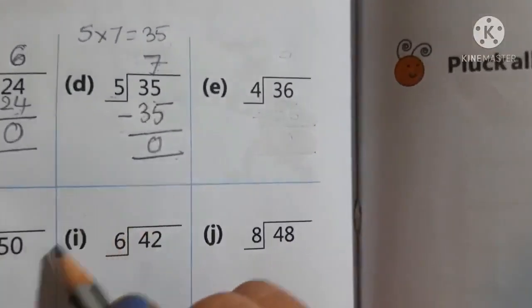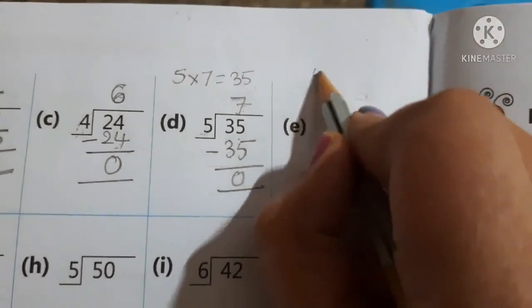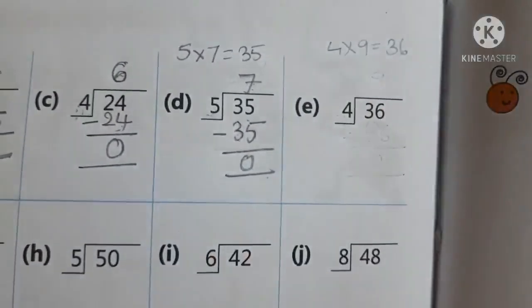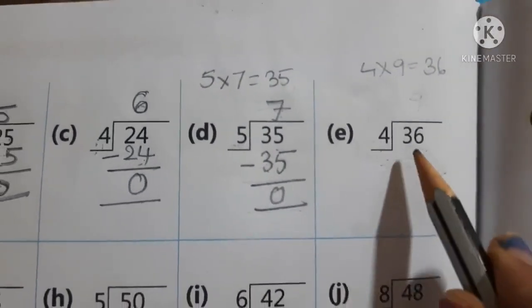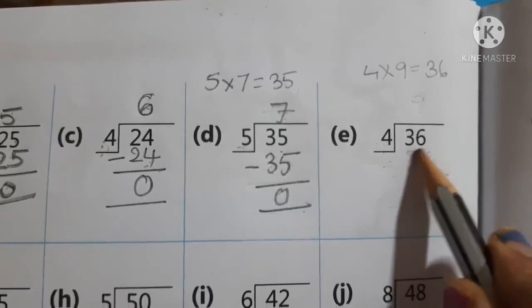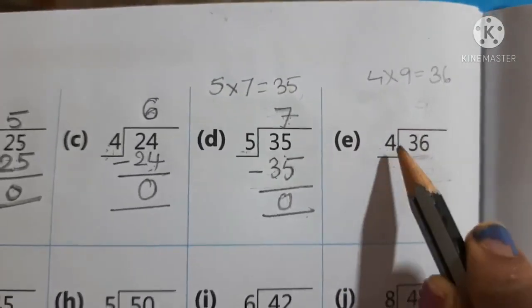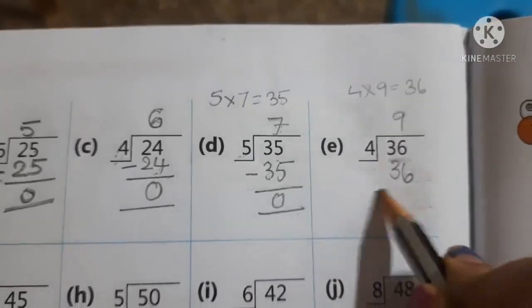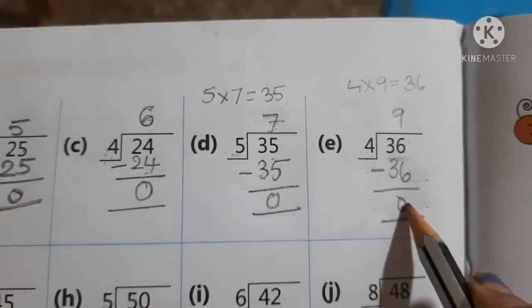Now let us see this problem. 4 times 9 is 36. You have to revise the 4 table, and you have to see where this number is equal in the 4 table. So 4 times 9 is 36. Subtract 36 from 36. We get 0.